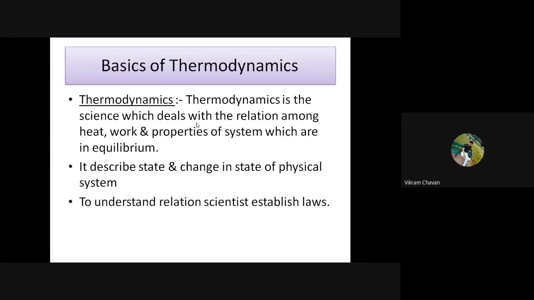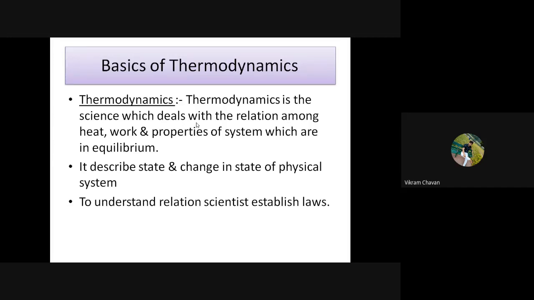Already I have discussed that to understand the heat transfer phenomena, we should have some basic knowledge of thermodynamics. So what is meant by thermodynamics? What do we learn in thermodynamics?